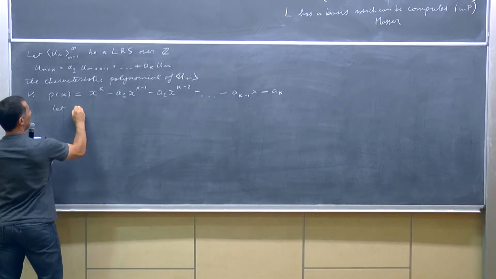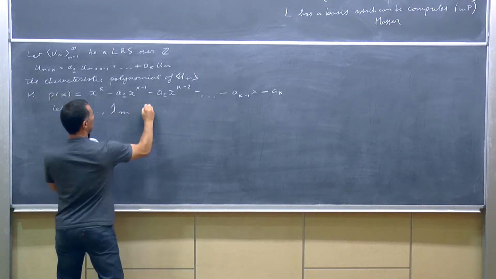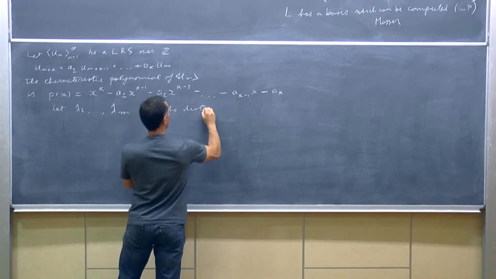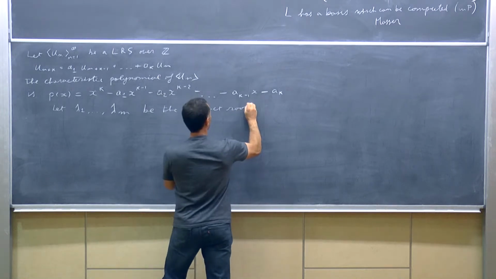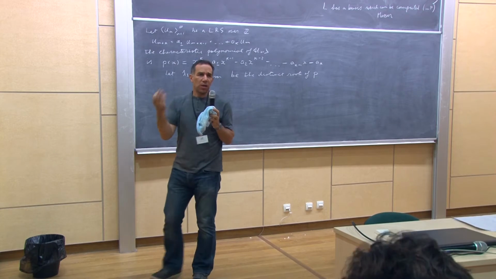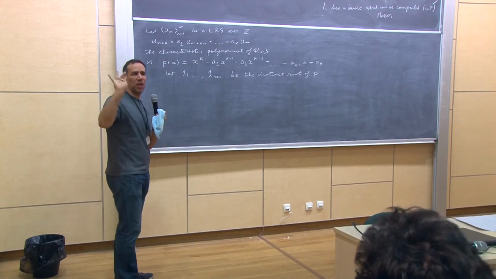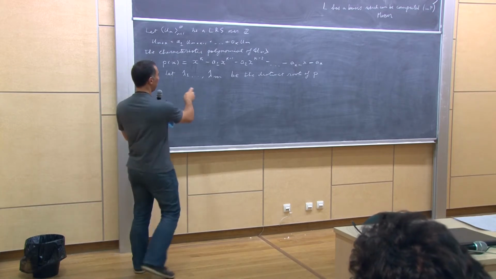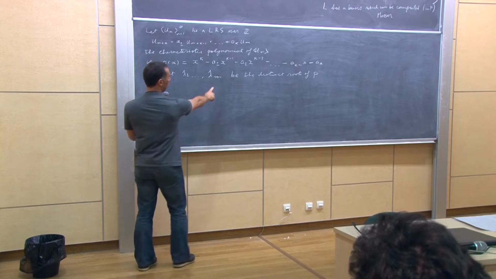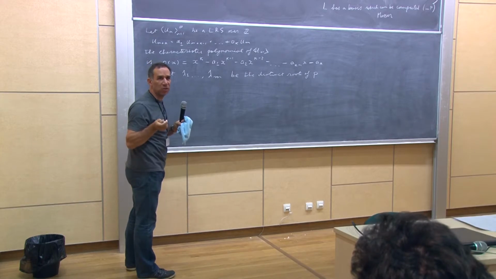So let lambda 1 up to lambda m be the distinct roots of P. By distinct, I mean these roots could be repeated. I'm just taking one copy of each of the roots, right? So if lambda 1 is repeated 3 times, I'm just listing lambda 1 once here. So m may be different from k, because there may be repeated roots.